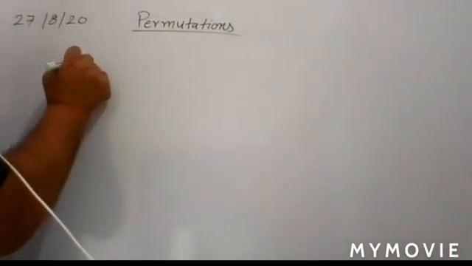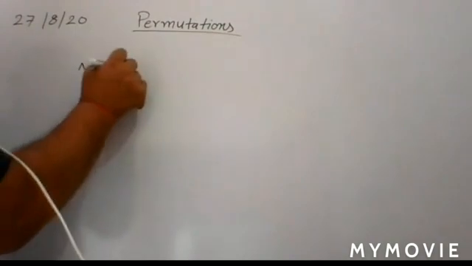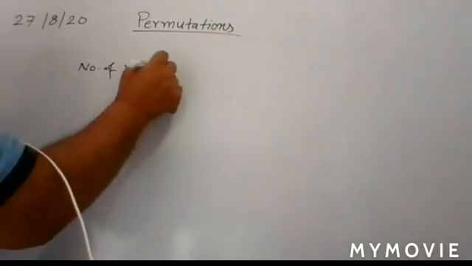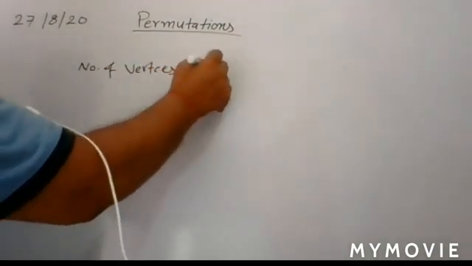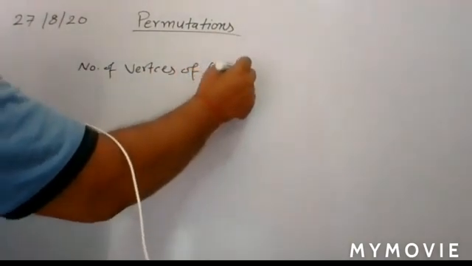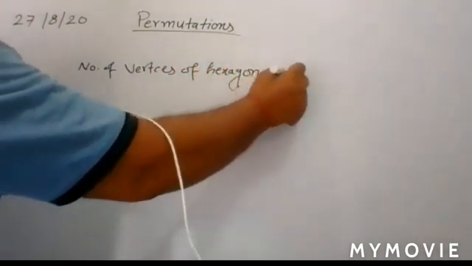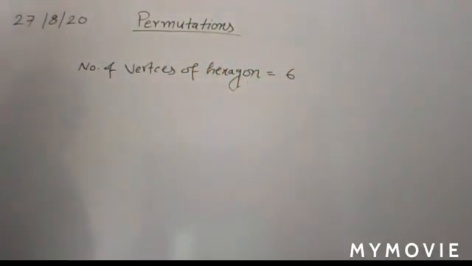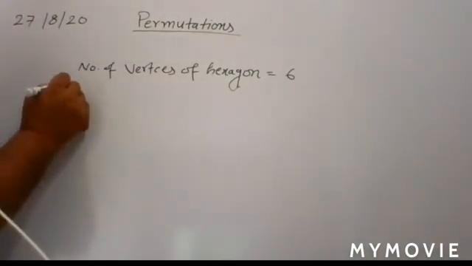Anyone? 6. So the number of vertices in a hexagon is equal to 6. And you know, a triangle is formed by joining any 3 vertices. If you join any 3 vertices, you have your triangle.